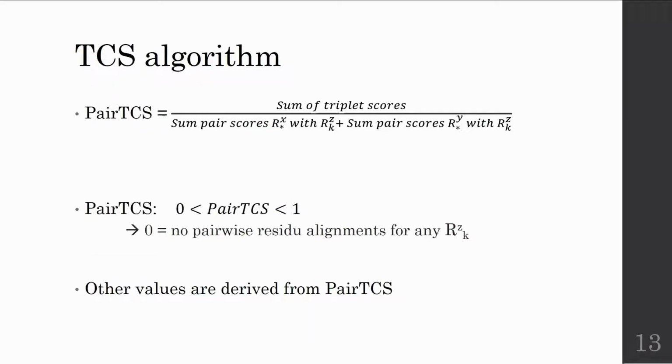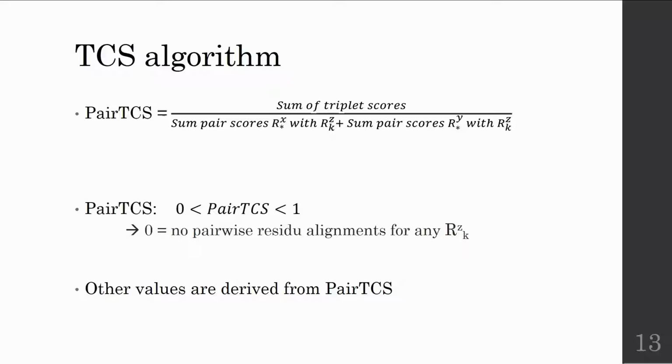And in the pair TCS, they will take the sum of all these triplet scores, of all these lowest scores, and they will normalize it by taking the pair scores involving all the residues in X with the intermediate Z, plus the sum of the pair scores of all the residues of Y that align with the intermediate residue.